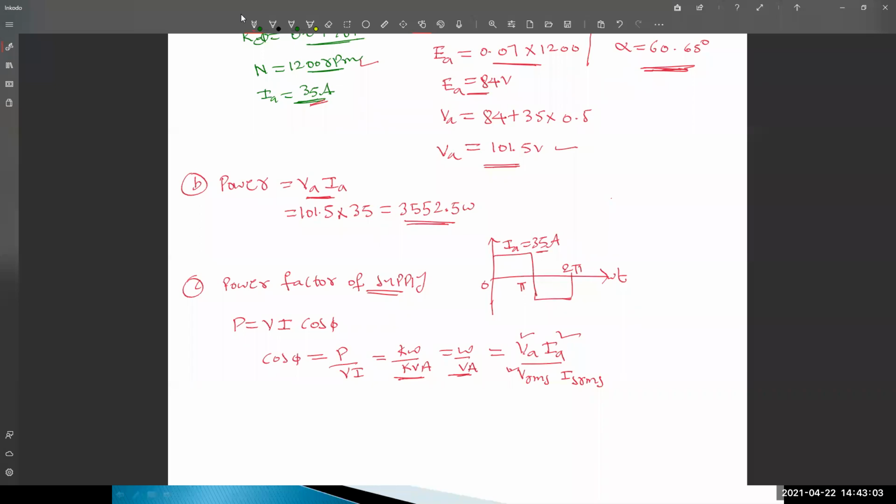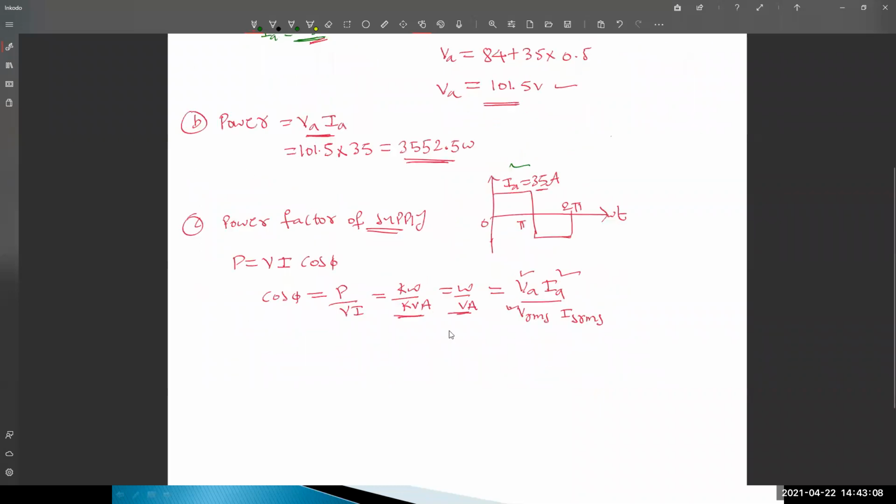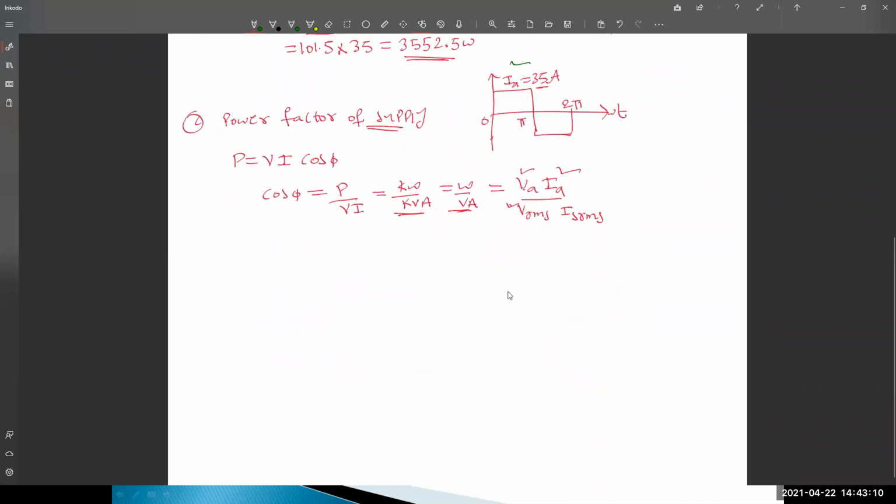So by using this waveform, find ISRMS. How to find ISRMS here, the RMS value of the source current? ISRMS squared is equal to one over the time period of IS squared.